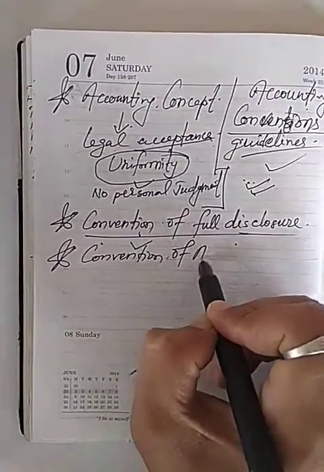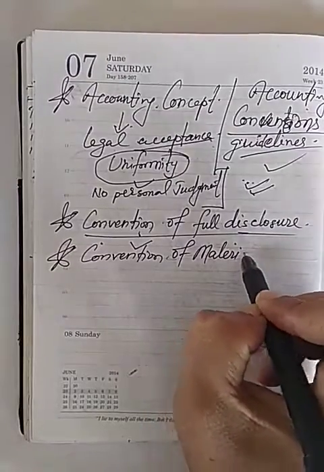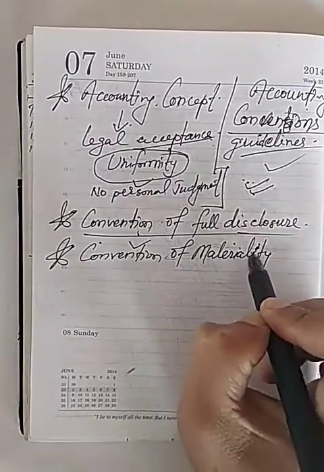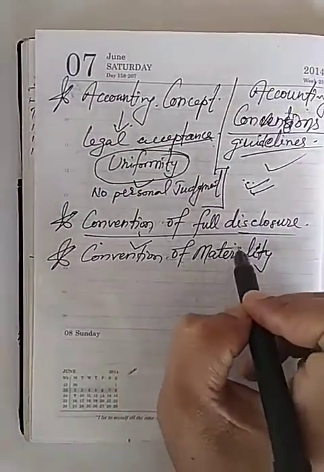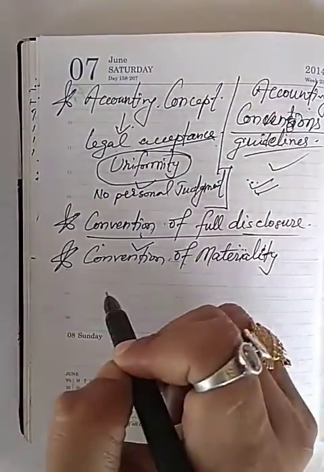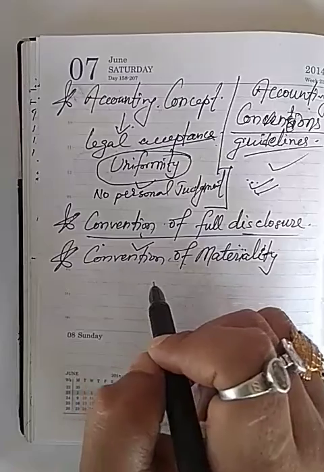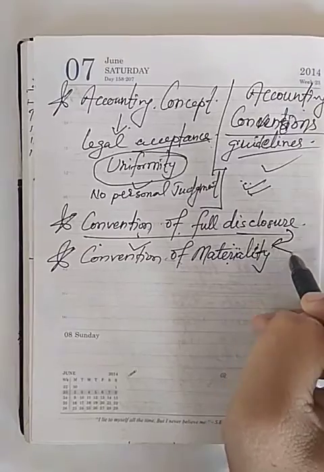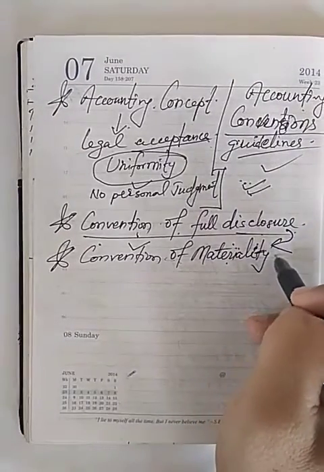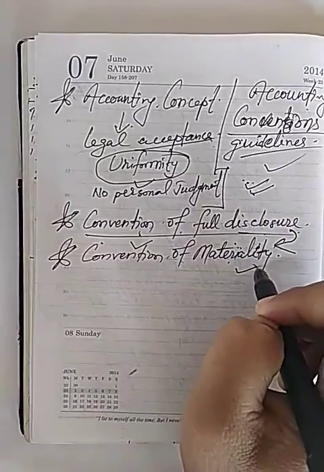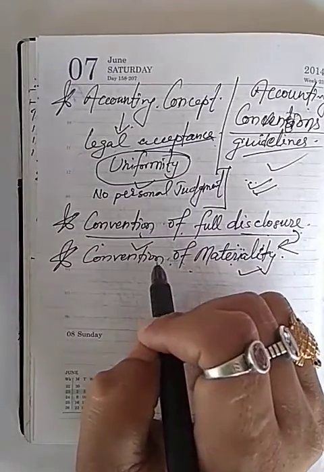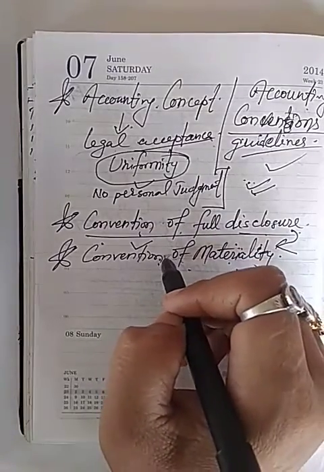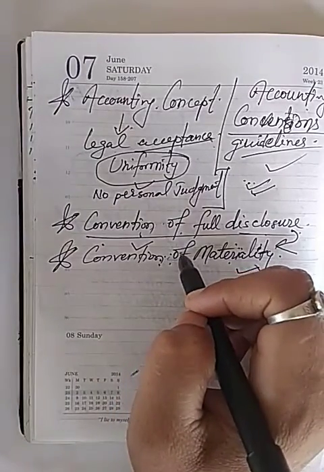So next is the convention of materiality. This convention is an exception to the convention of full disclosure. According to this convention, items having an insignificant effect or being irrelevant to the user need not be disclosed.